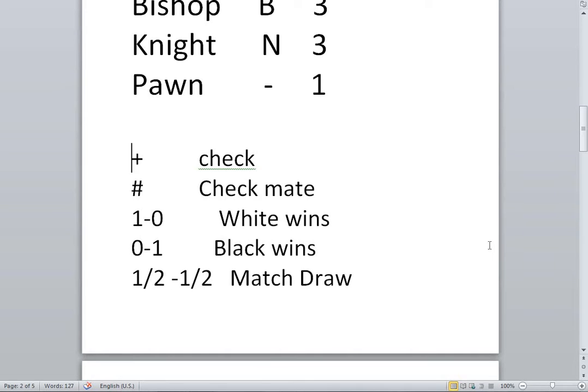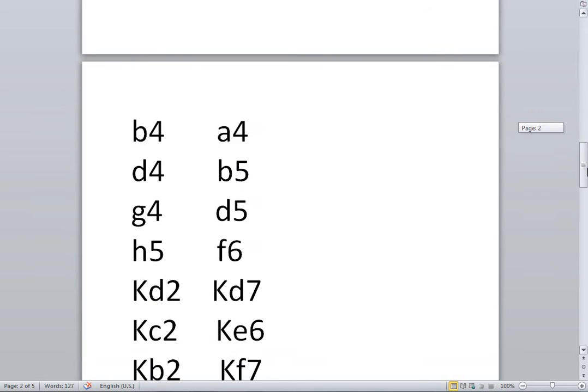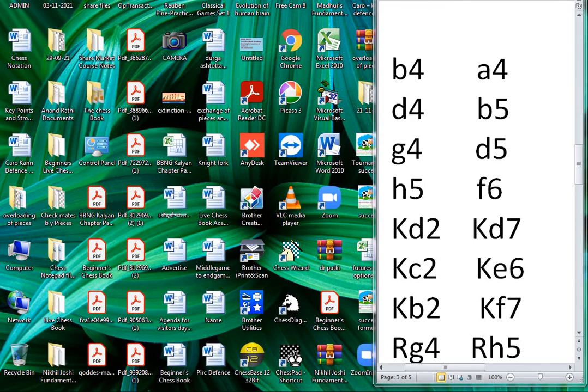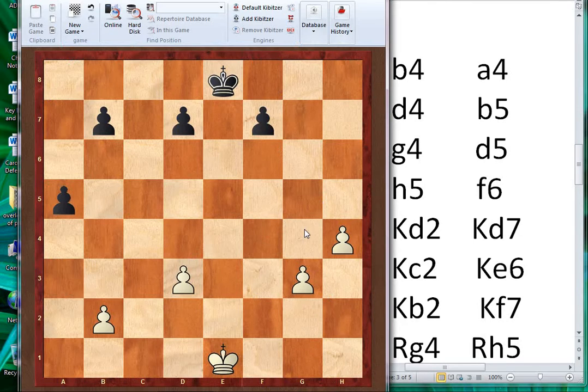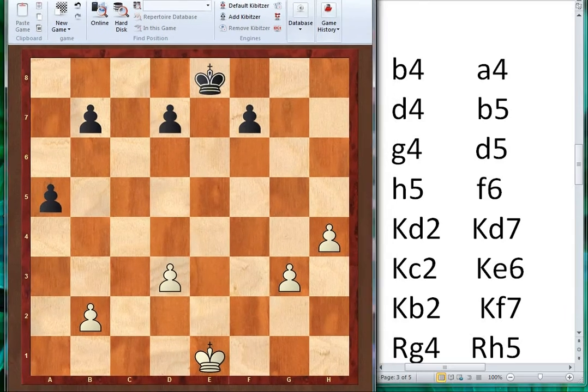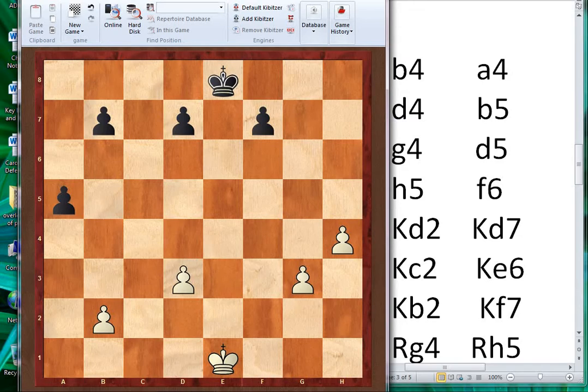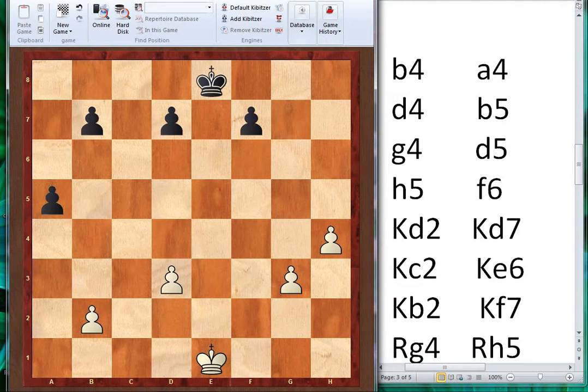Half-half means the match has drawn. Now we move to the next part where we are going to learn how to write the moves on the chessboard. Okay friends, so let's begin with that part.